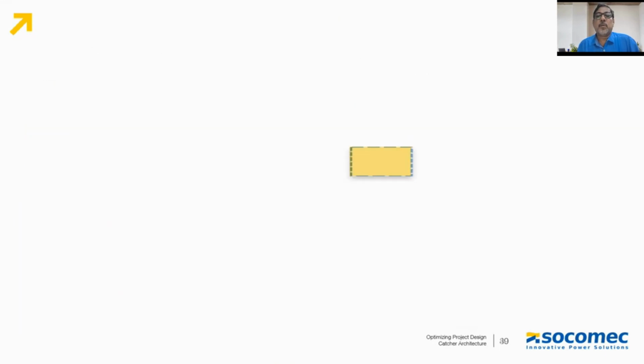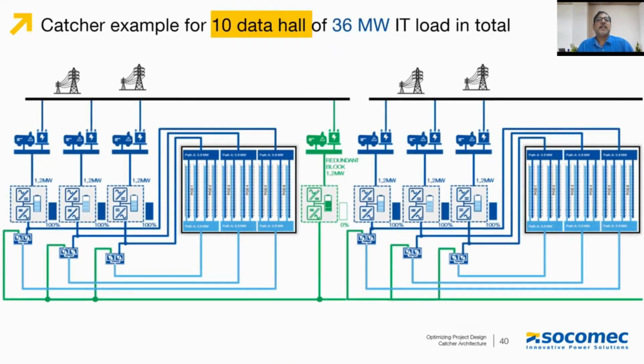Now, if we see a particular example using a 3.6 megawatt block, say 10 data halls, each of 3.6 megawatt, this would look like a typical installation where you can manage two blocks with a single 1.2 megawatt UPS as a catcher.